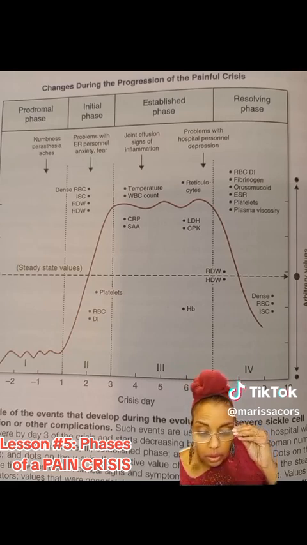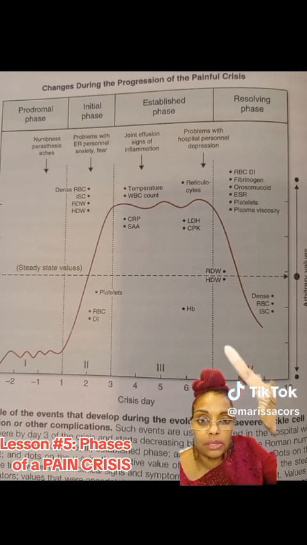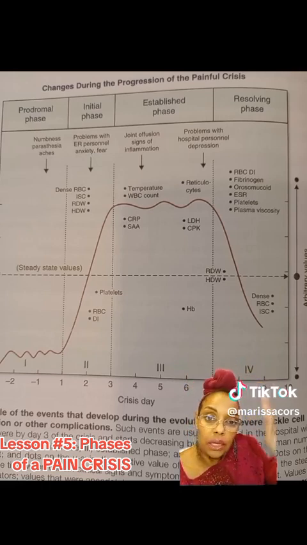Moving on to the established phase. The established phase is now the height of the crisis, okay? So that goes from day 3 all the way to day 7. It caps out on the pain scale, as you can see, at 10.